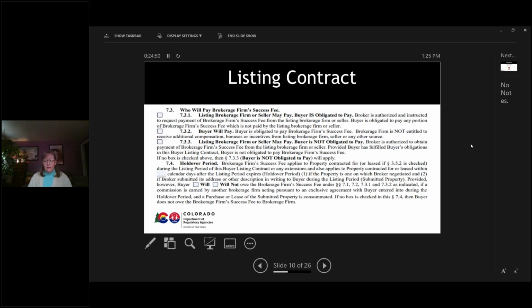And if the other side agrees to release you, you need to get that in writing just to cover your end. Otherwise, if they refuse to release you from the contract, if you call us, that's when we're going to tell you that you need to contact an attorney, because you've got a legally binding contract, and the Real Estate Commission does not interfere with those. So you'll have to seek legal assistance.